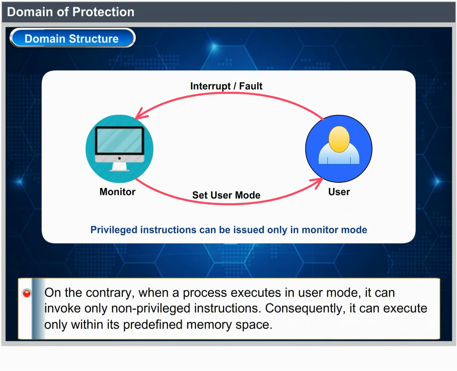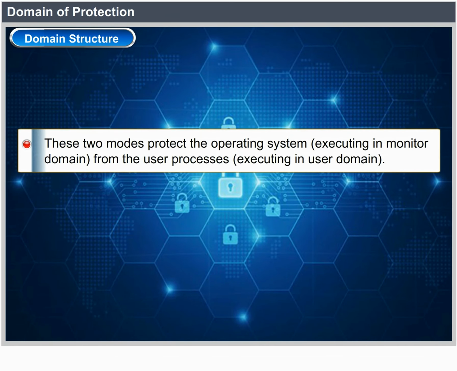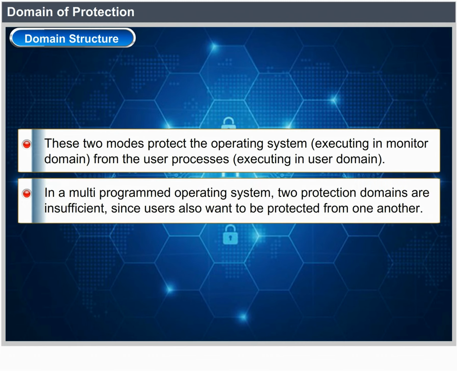Consequently, it can execute only within its predefined memory space. These two modes protect the operating system, executing in monitor domain, from the user processes executing in user domain. In a multi-programmed operating system, two protection domains are insufficient, since users also want to be protected from one another. Therefore, a more elaborate scheme is needed.